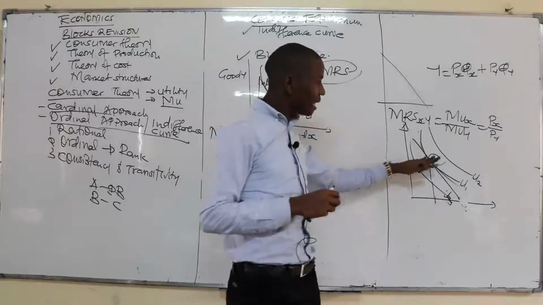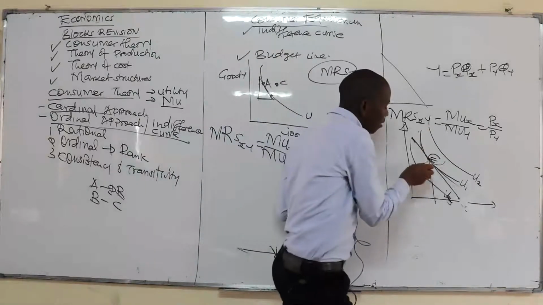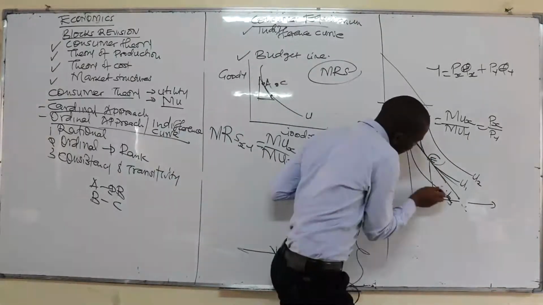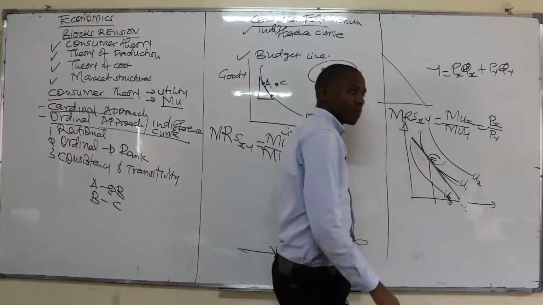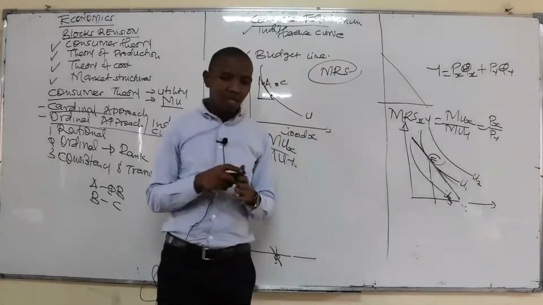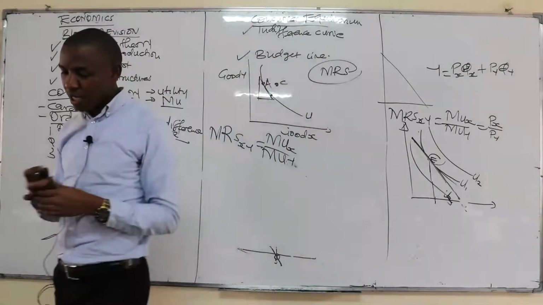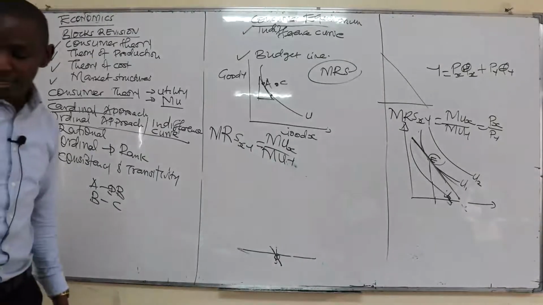And the second one is that the indifference curve must be convex to the origin. And this is now our budget line. That is what we mean when we talk about the consumer equilibrium, and that is at the budget line.